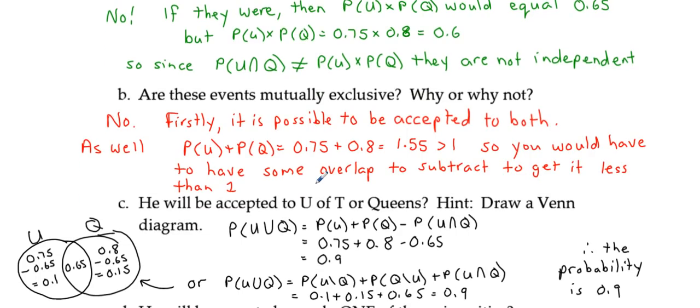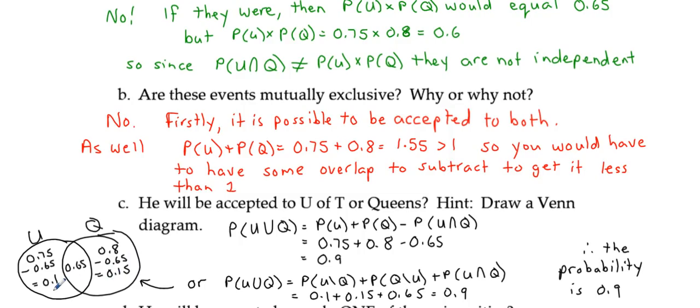For question C, two ways of doing this because it's the probability of getting into U of T or Queen's, so it's the probability of U of T plus the probability of Queen's minus the probability of both, and it says what each of these numbers are in the question, so that's 0.9. If you were to do it the second way that I showed you using the Venn diagram, both is 0.65, so U only would be 0.1 and Q only would be 0.15.